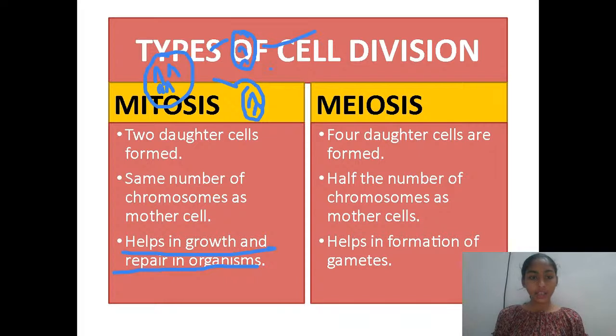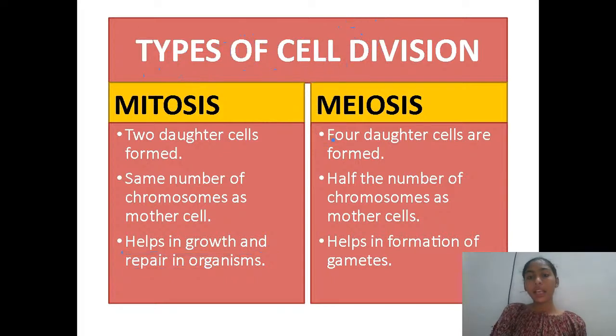In the same way, they create more and more. Here there will be one only, right? They have half the mother's chromosomes. Okay, so that is how meiosis happens. It helps in the formation of gametes. So this process is for the formation of gametes, or for reproduction.